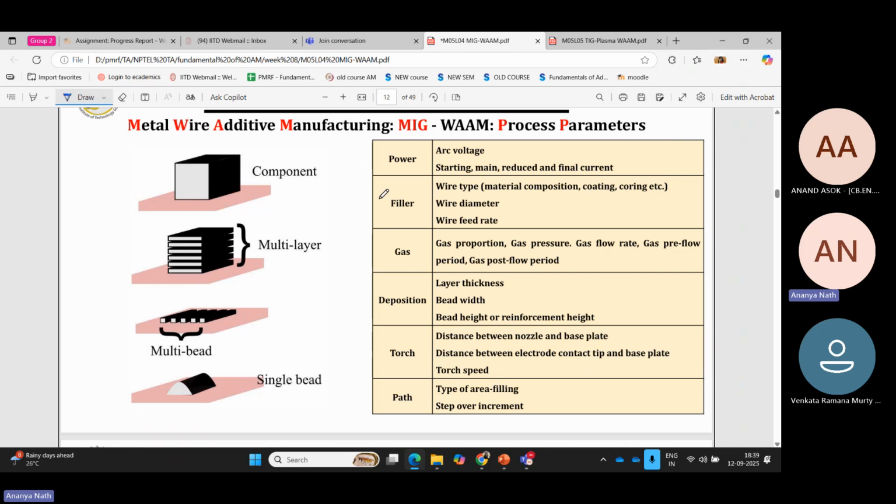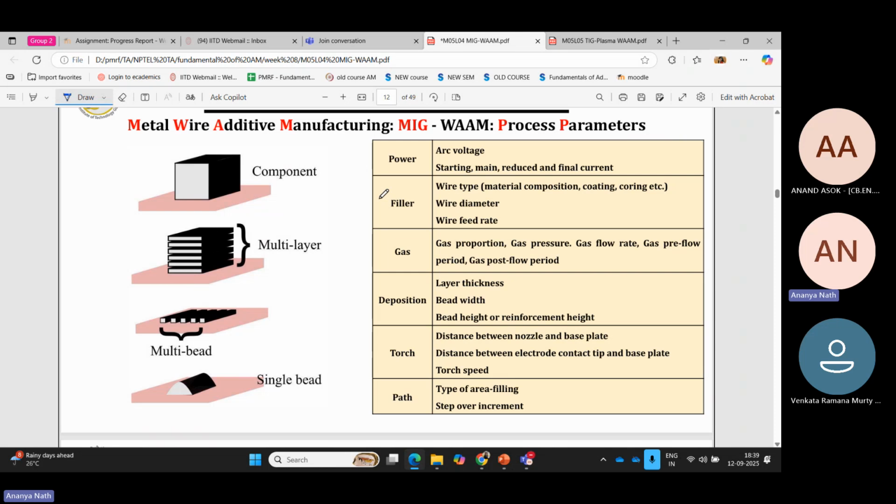In both cases, the wire diameter and wire feed rate are the most important parameters. Whereas for a constant process, you are going to use the standard wire, which will have only one diameter. One is 1.2 mm. So that wire is also being used.